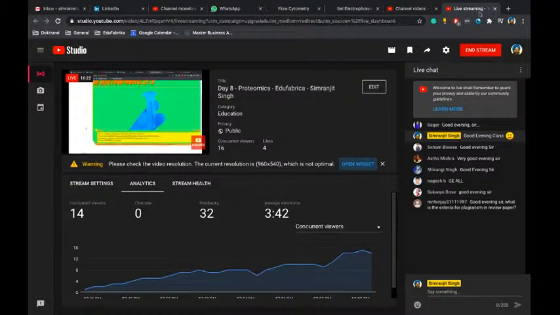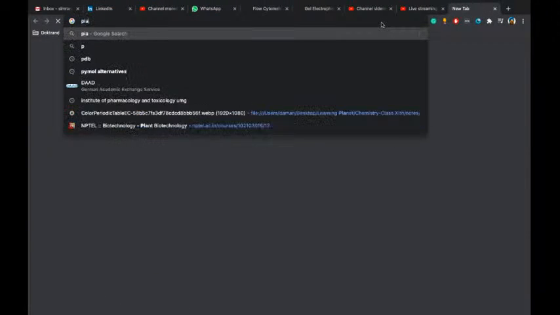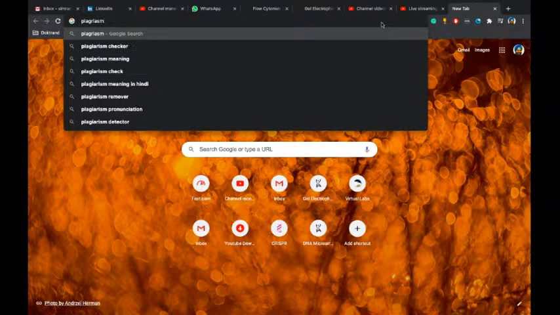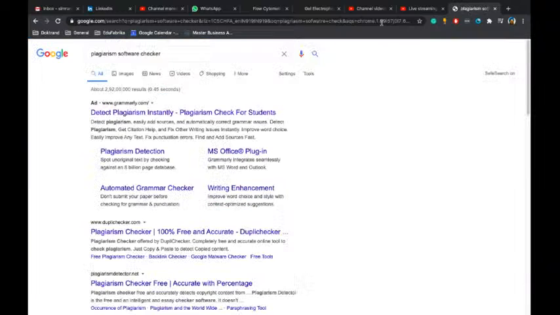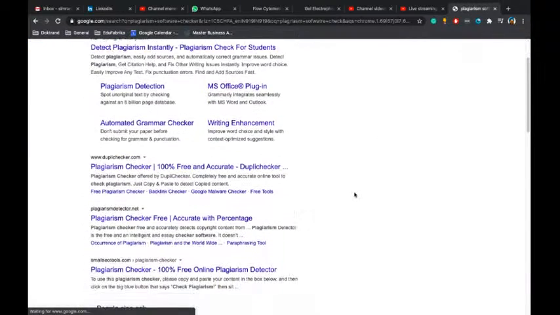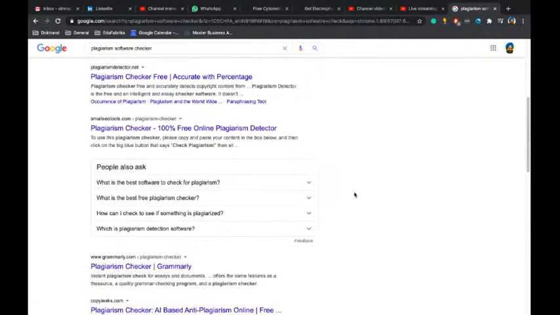So there are software tools which you can use to check how much you are copying. There are some free plagiarism software checkers available.